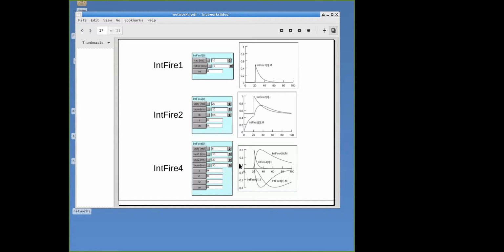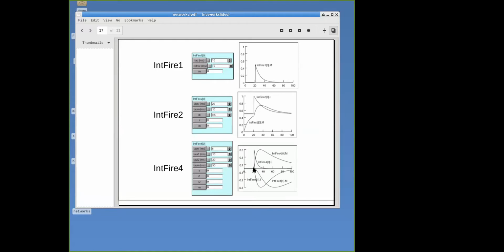Its inhibitory current has 2 time constants and follows a bi-exponential time course. You'll see these need to be longer than tau E. And you'll see this nice time course here if you had a single inhibitory event. And how does it know it's an inhibitory event? If the weight is positive, IntFire4 interprets that as excitation.